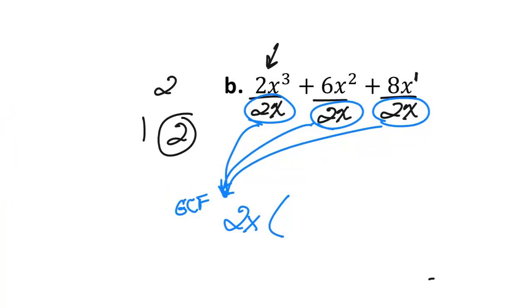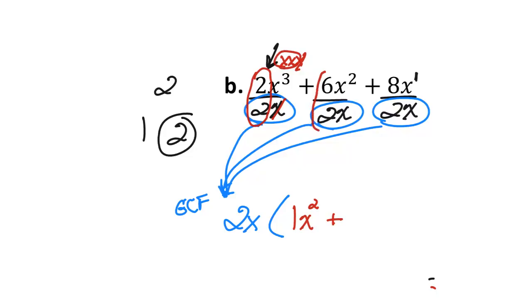So then I look at this division. 2 divided by 2 is 1. X to the third divided by x leaves me with how many x's? 2. X to the second. Because you had 3 that were being multiplied. You're dividing by the 1, so you're left with those 2.